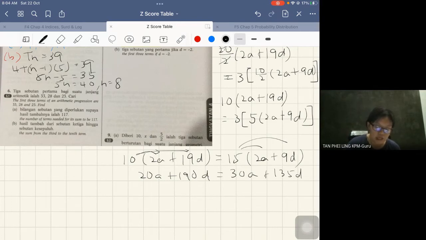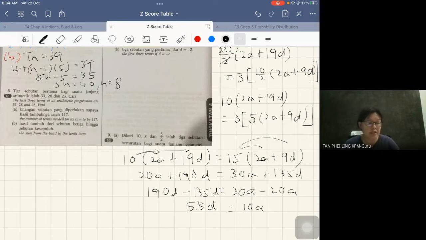So you're going to move all the a to one side and all the d to one side. So 30a minus 20a on this side, then the 190d, we leave it here and minus 135d. So now we have 10a equals, take out calculator please, 190 minus 135, you get 55d.